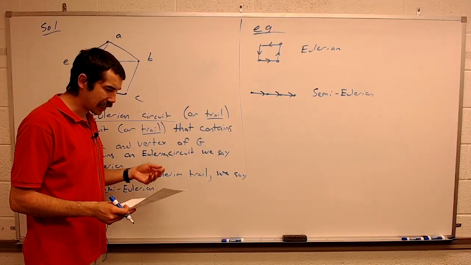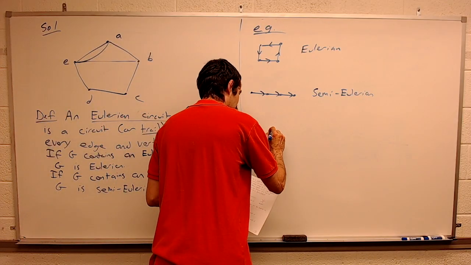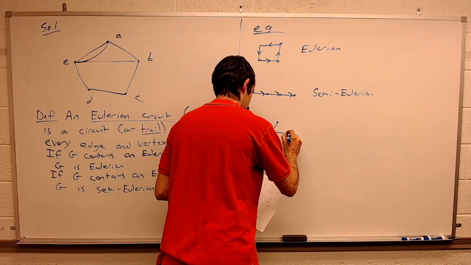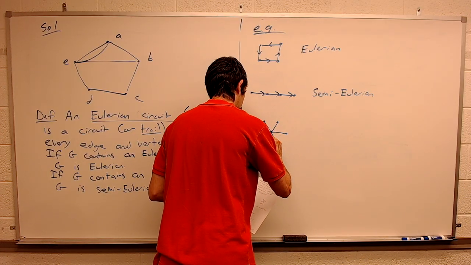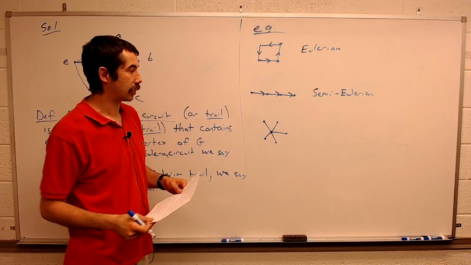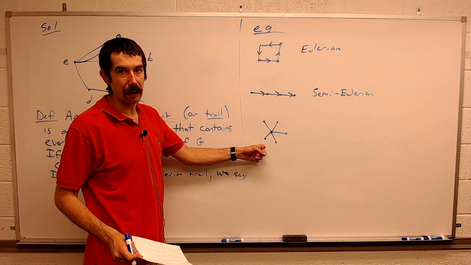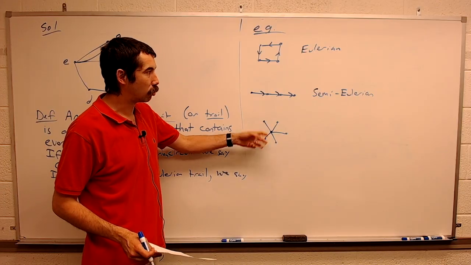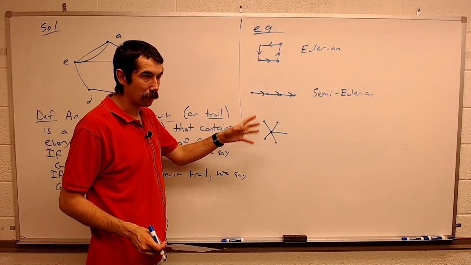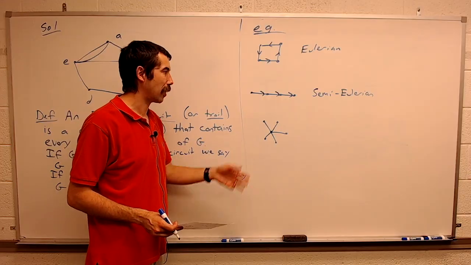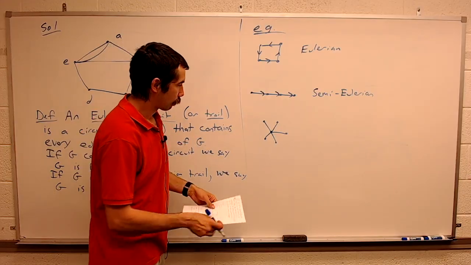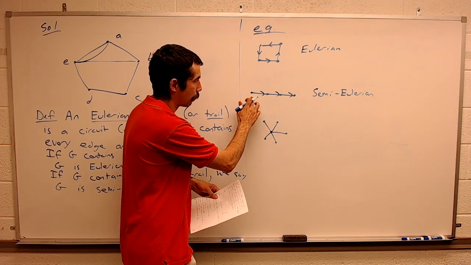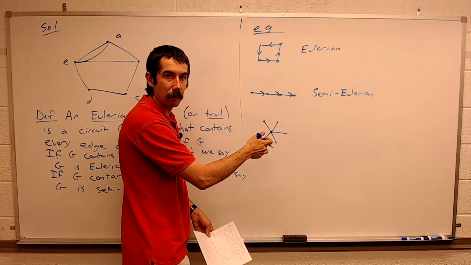All right, and then one last example is suppose we had a graph that looks like maybe a star. Okay, I know what you're thinking. What kind of star is this? Not exactly sure, but suppose this is our graph. Is it possible to start and end at the same point without doubling up on an edge? No, it's not possible. And no matter how hard you try, you can't cross every edge exactly once.